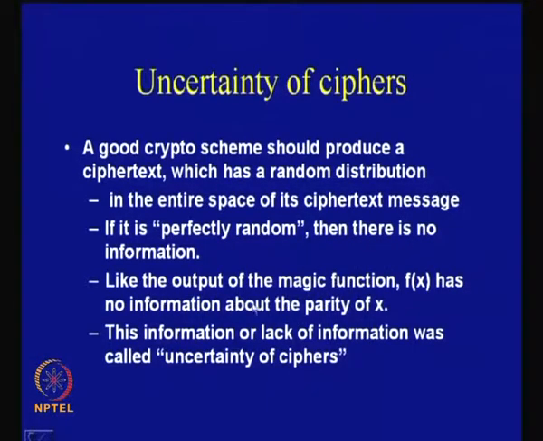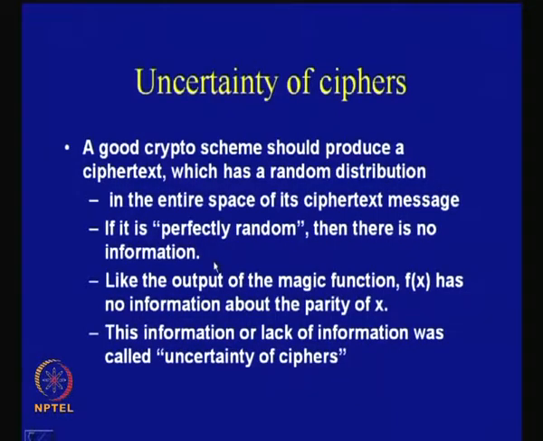If you remember, we talked about the magic function f(x). If the function f(x) does not leak any fact about the parity of x, then we say that it does not leak any information. This lack of information is sometimes also referred to as the uncertainty of ciphers.